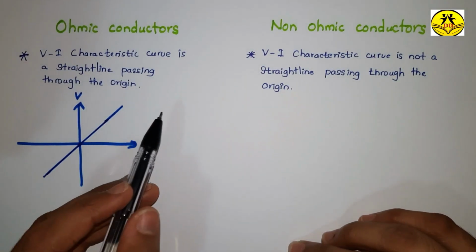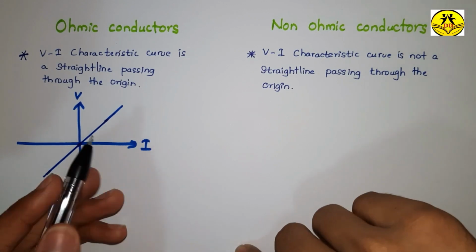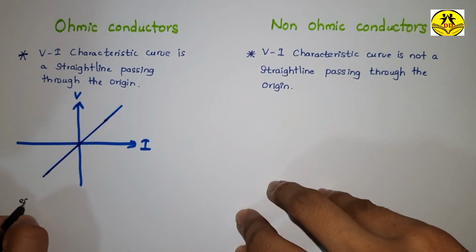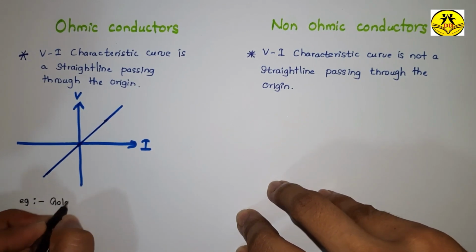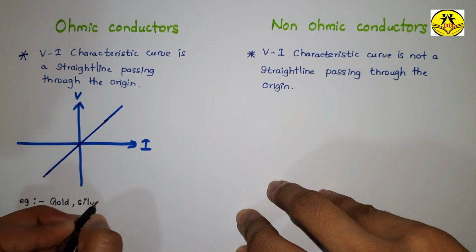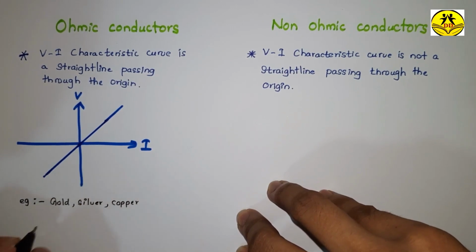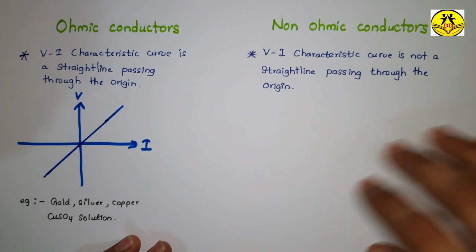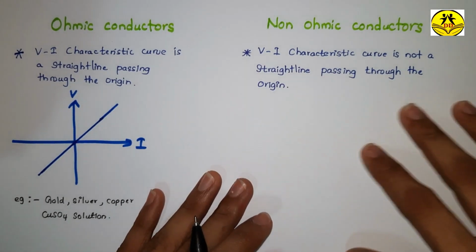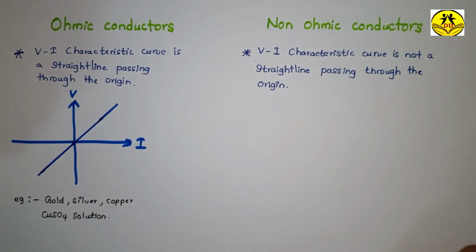Examples for ohmic conductors are gold, silver, copper and copper sulfate solution.